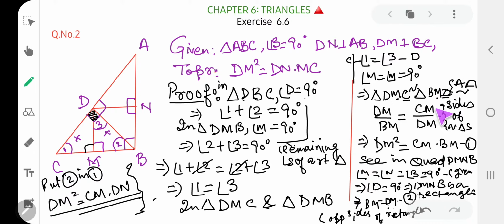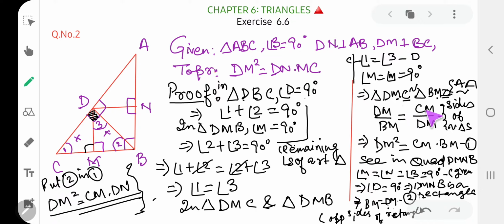On first place you will write the last letter of triangle DMB. So B is left, so you will write here, by AA similarity, these two triangles are similar. If the triangles are similar, the ratios of the sides are equal.